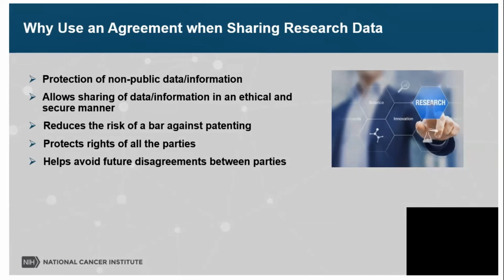For example, if you have any data that may be included in a patent application to support your invention, you probably want to protect that. Agreements also protect the rights of all parties, the party that is providing the data and the party that is receiving the data. Most importantly, agreements help avoid any future disagreements between collaborating parties.